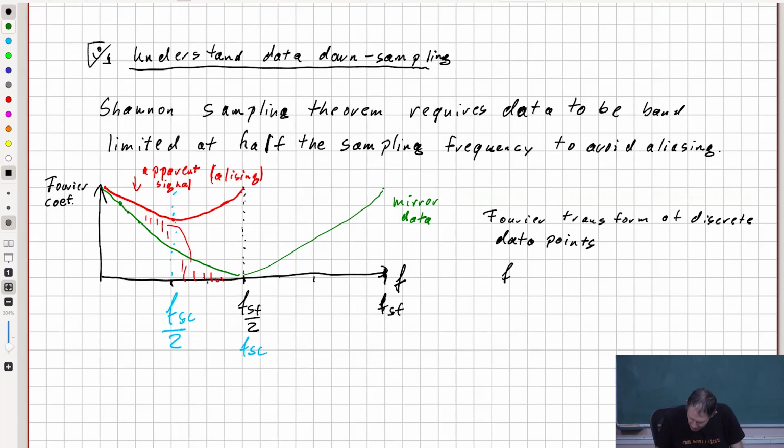Okay, and FSF is sampling frequency on the fine grids, and FSC is the sampling frequency on the coarse grids.